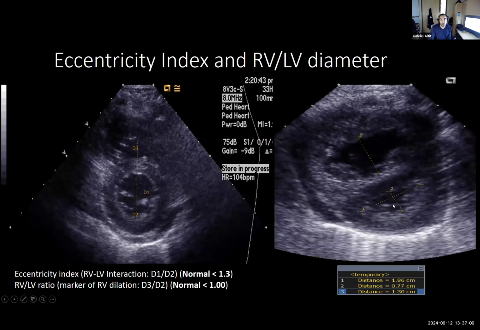And there's some authors also looking at the degree of RV dilatation compared to the LV dilatation in the parasternal short axis view, which is a view from on top where you see the RV and the LV in cross section. And typically your LV, when the PA pressure are infrasystemic, should be nice and round at the peak of systole. And as you get increased PA pressure or increased RV afterload, you start seeing a loss of this relationship.